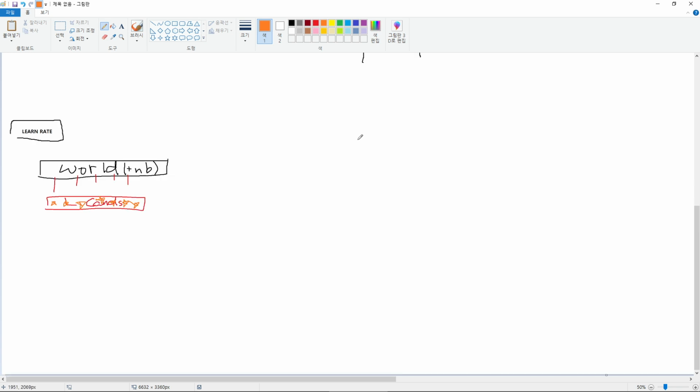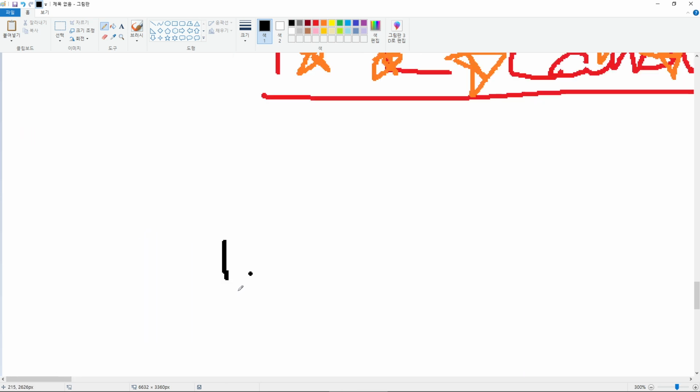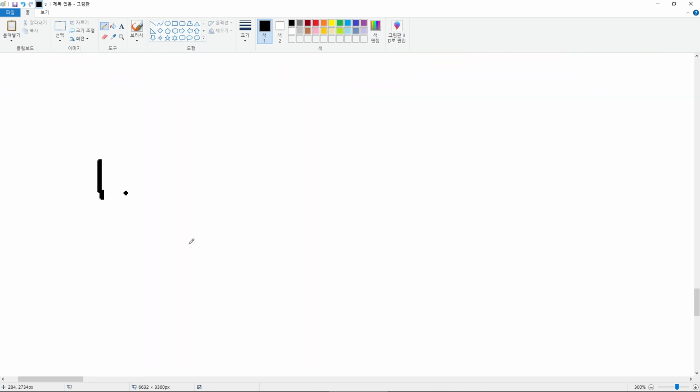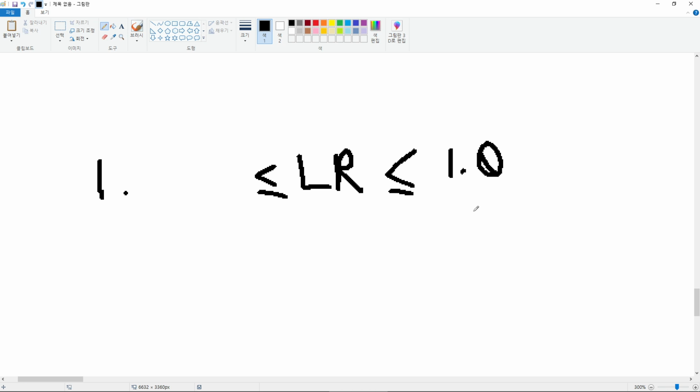Now, again, the first way of doing that would be just for each entity that is picked, assign a learn rate, but at random, where learn rate is smaller than or equal to 1.0, as in 100%, or bigger than or equal to 0, or 0%.